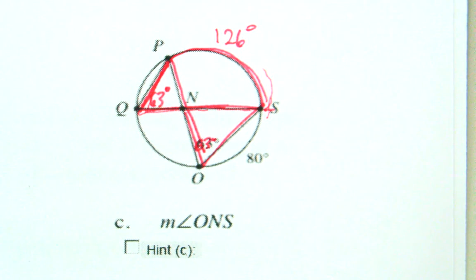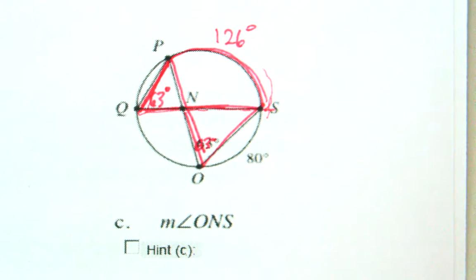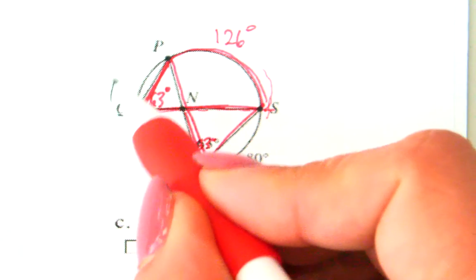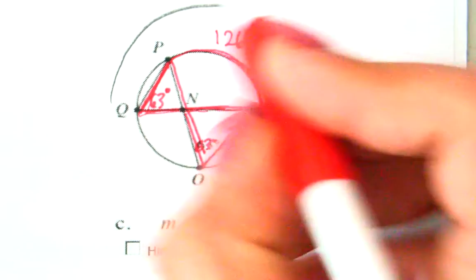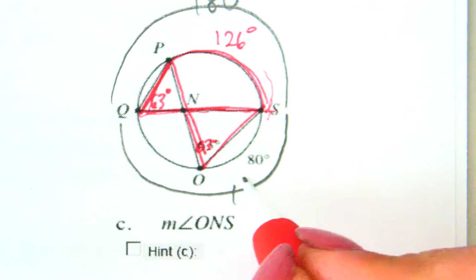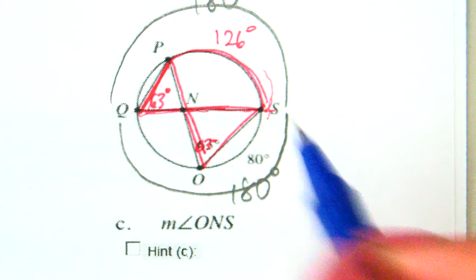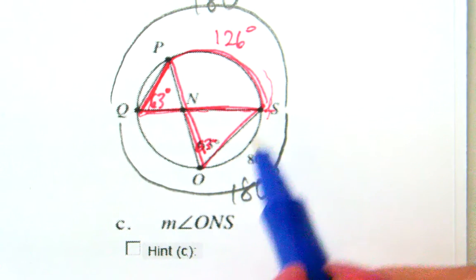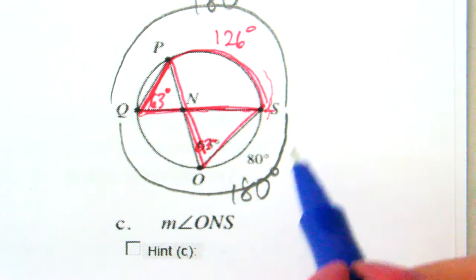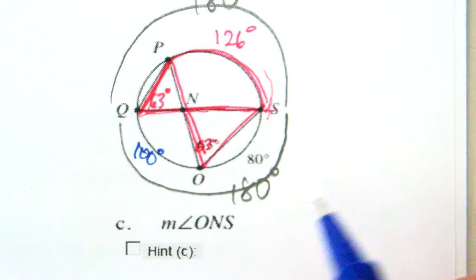All right. Now, it does say that QS is your diameter. So that means from Q all the way to S, so this half of your circle is going to be 180 degrees, which leaves the other half of your circle 180 degrees also, which gives you a wonderful answer for Q to O, because if this part is 80, the whole thing is 180 from Q to S. This is going to be 100 degrees because 100 plus 80 is 180.